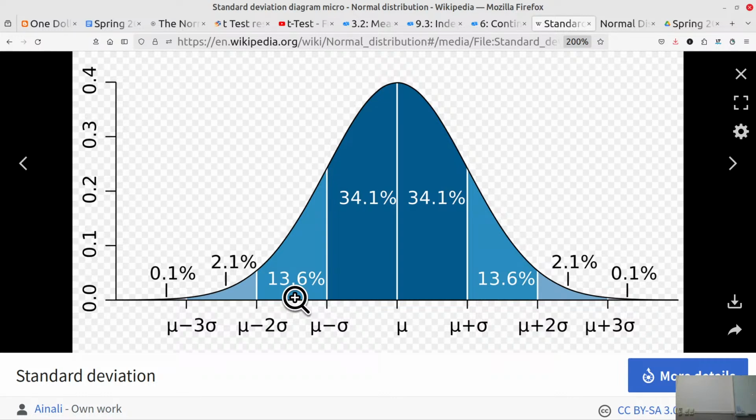You need to remember this number: close to 68% in the center part, the dark blue area. What does it mean? It means your sample mean is in the center, and plus or minus 2 standard deviations, almost, I can say that 95% of your samples are centered in this area.